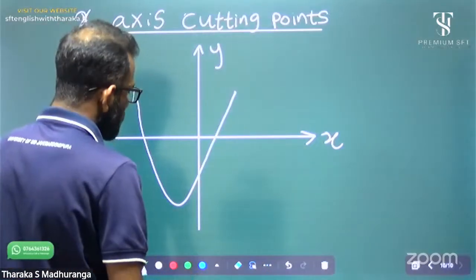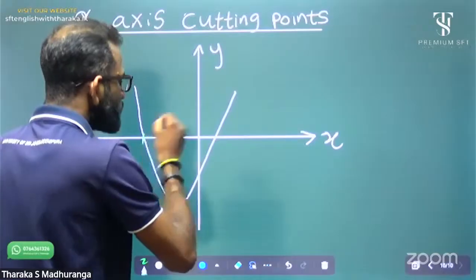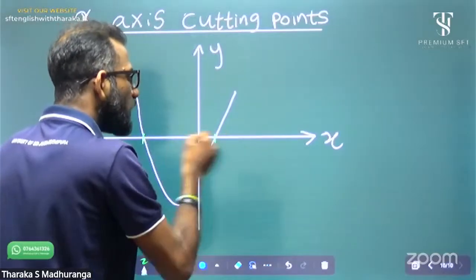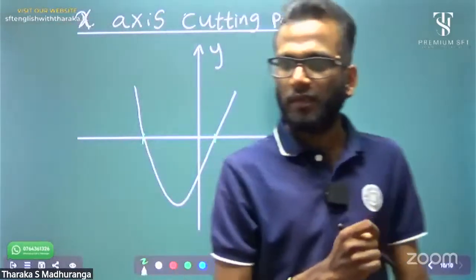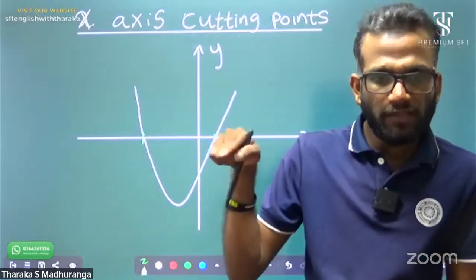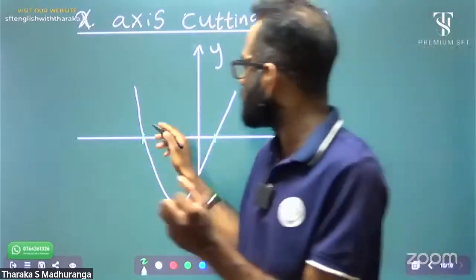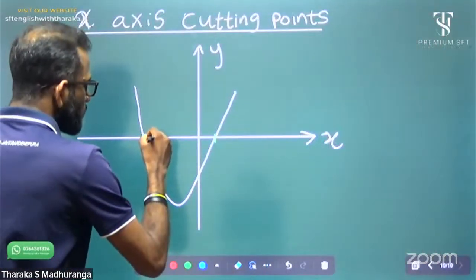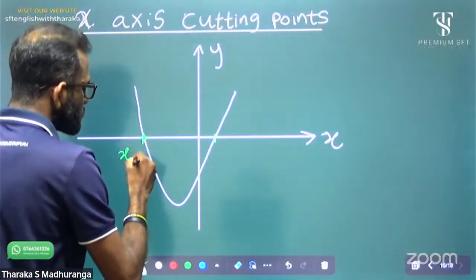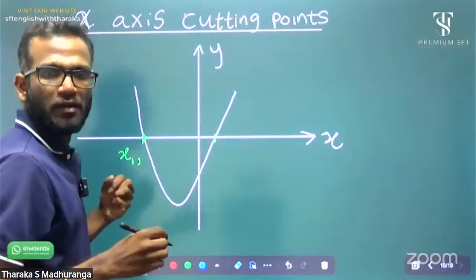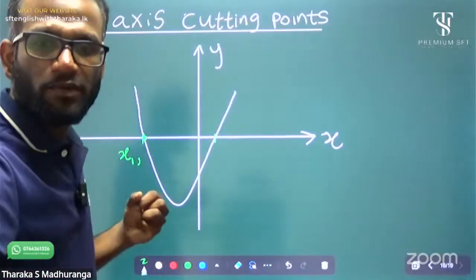Okay, tell me, at the cutting point of the x-axis, what is the y value? At the cutting points of the x-axis of the graph, what is the y value of these points? If you take this x1 value, what is the y value?